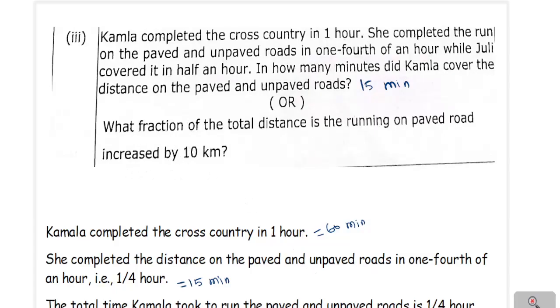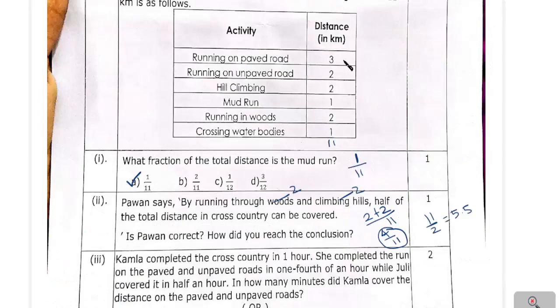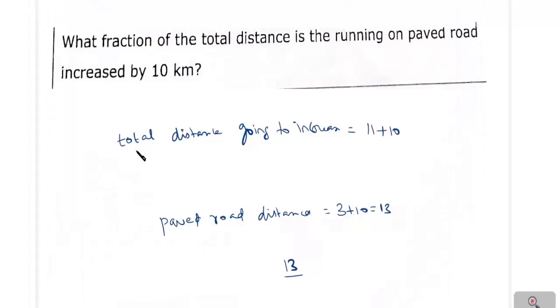The paved road distance is existing 3 kilometers. Adding 10, you get 13. The total distance also increases by adding 10 kilometers to the existing 11, so 11 plus 10 equal to 21. So the fraction of total distance is 13 by 21.